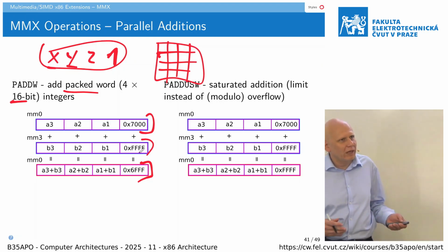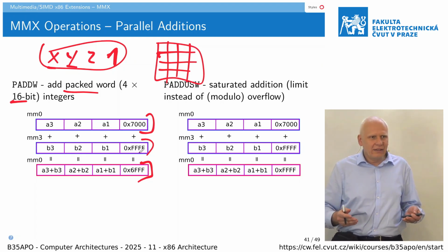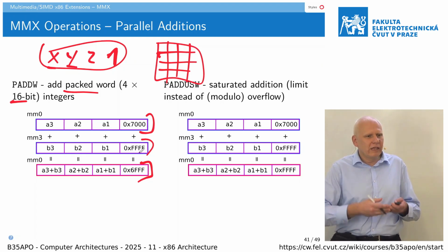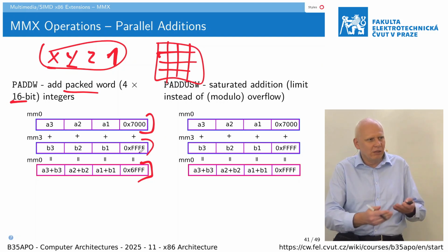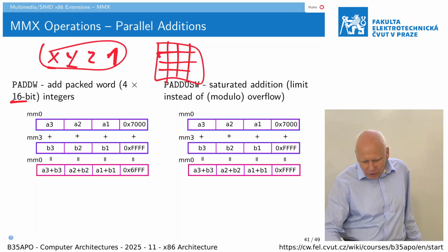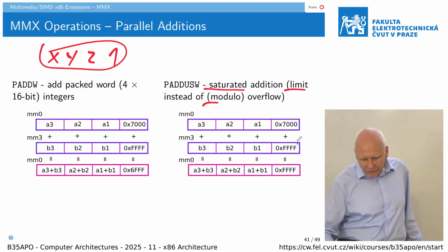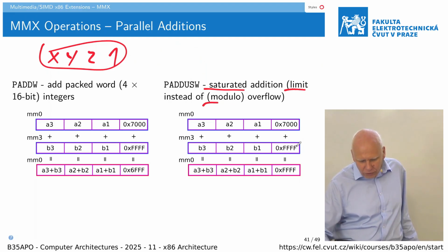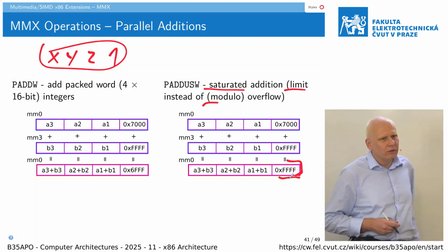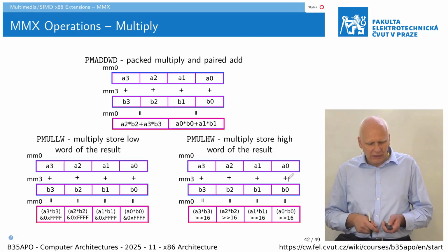For example, if you want to change the intensity of some point and there is overflow, then you will have a black point in the middle of the screen and you do not want that. So for this reason, there is even the option to use saturated, limited addition, which ensures that if you add the values and the result would overflow, then the maximum or minimum value is kept in memory. And it is for signed and unsigned arithmetic.